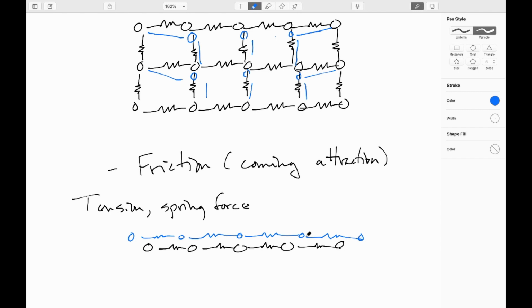Because of the details of the bond, what will happen is that the bonds will just stay the same length, but the molecules themselves will move off to the side. So if you ever tried to push on a rope, you see how it just buckles under. That's what differentiates tension from spring force.